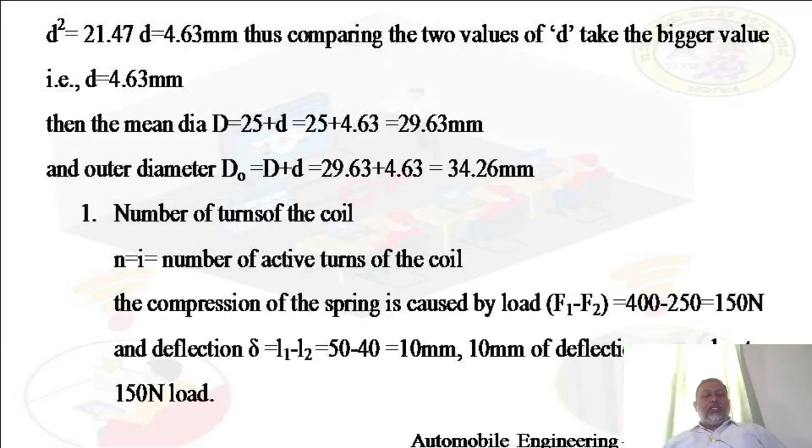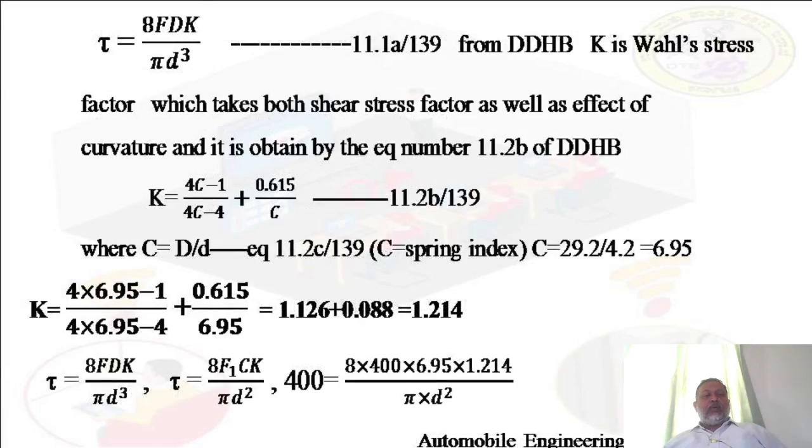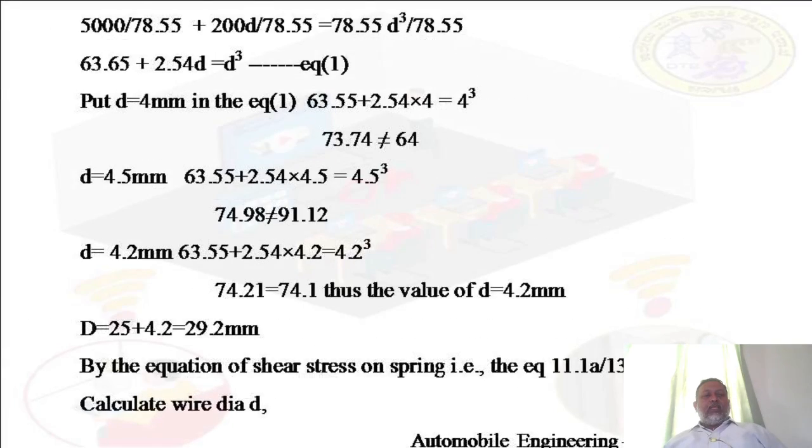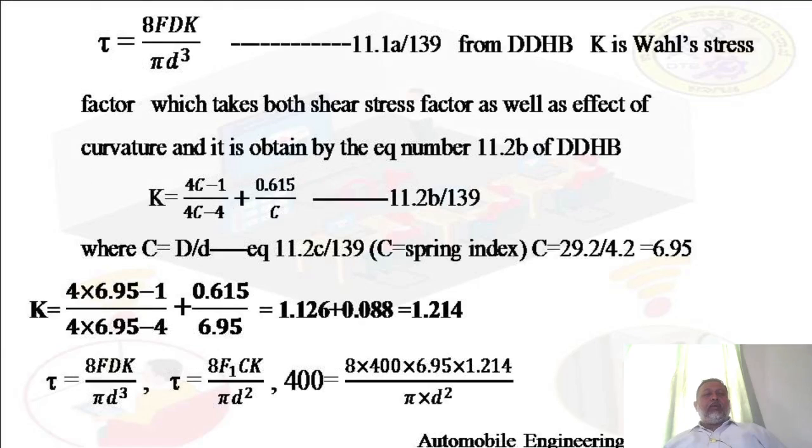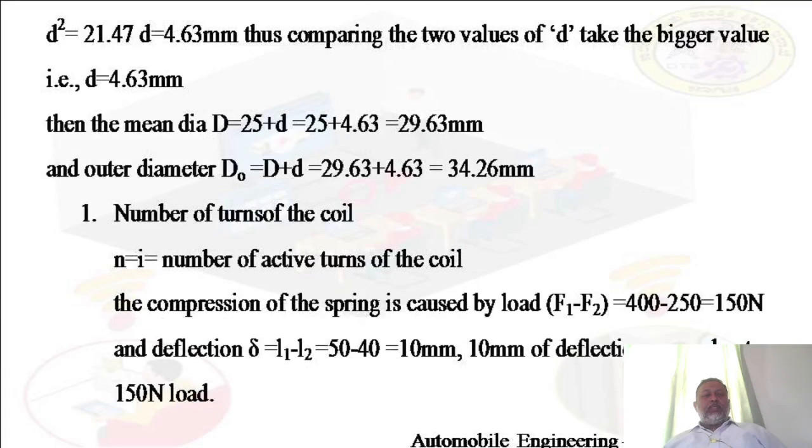So here we are doing it for two different readings. Initially we took the wire dia as 4.2. With that we considered mean dia and calculated spring index, then substituted in the concerned equation to obtain the wire dia once again. Why? We compare both values, and whichever is greater, that is to be considered.